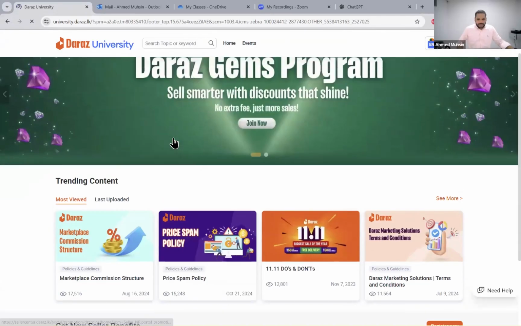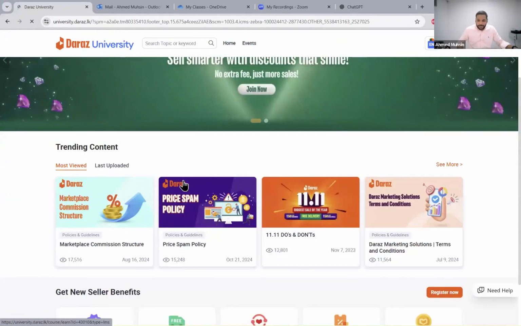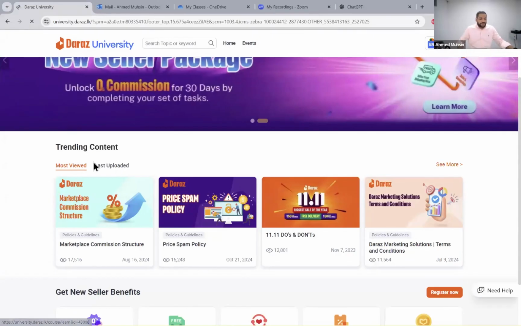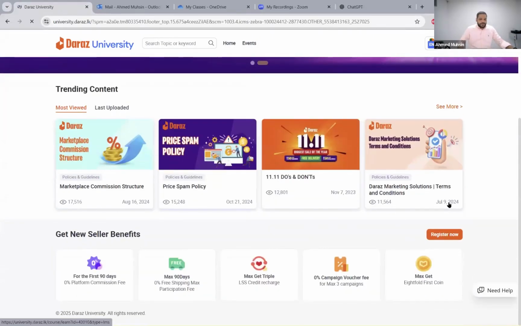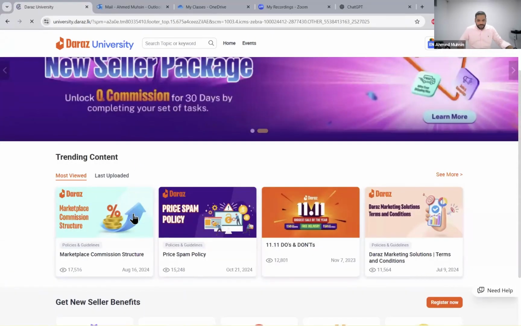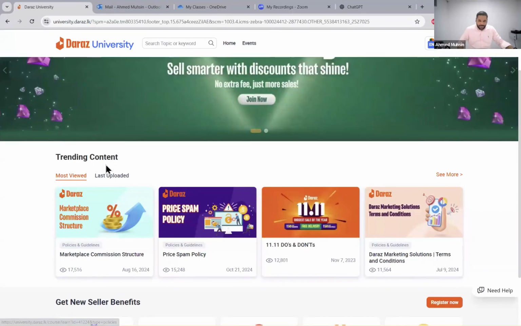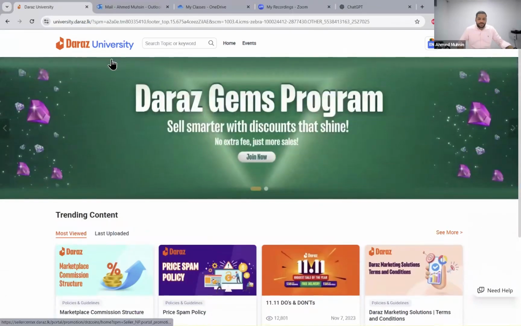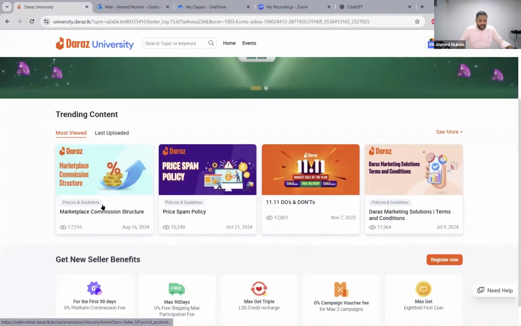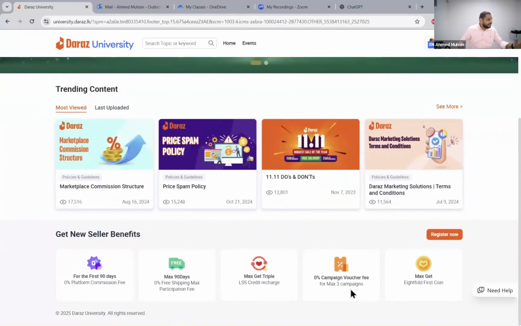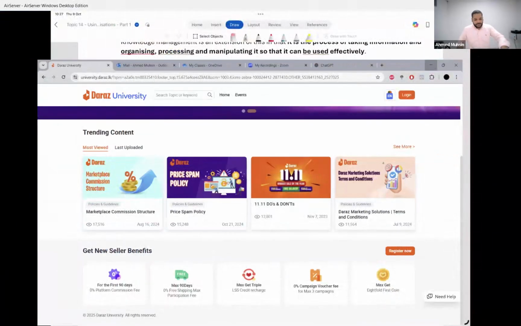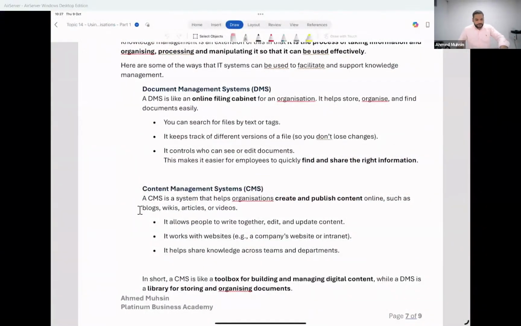So this is information for customers about how Daraz operates and what's coming up and what to look forward to. Can you see? Various information. Then there's information for sellers as well. If you want to become a seller, this is what you're offered. Now, this is all information for customers, it goes as Daraz University. But when you log in as a seller, they give you even more information that a seller needs to know. Right. Can you guys just check this last video out?